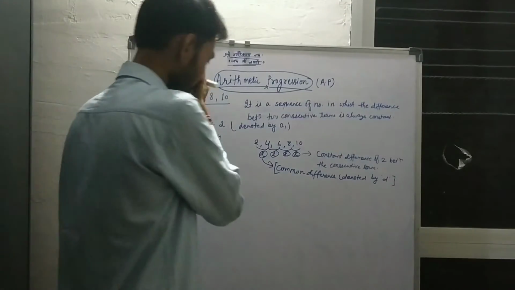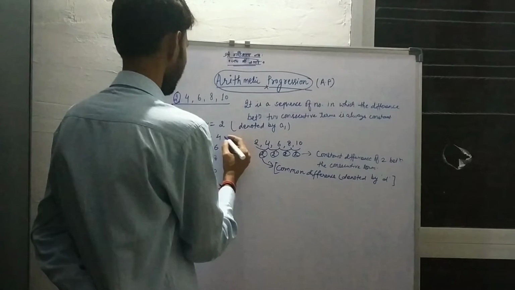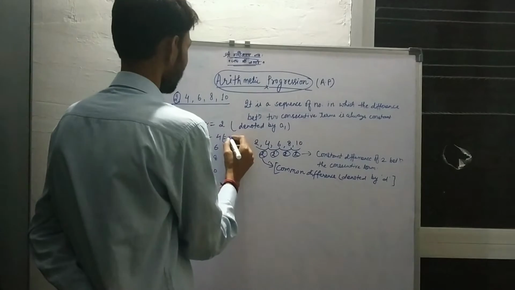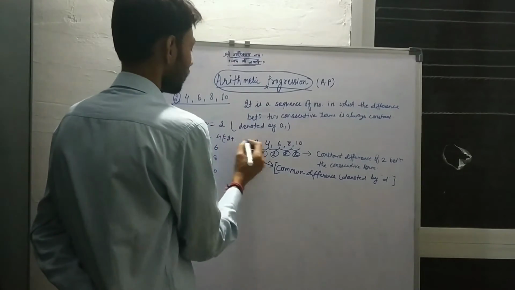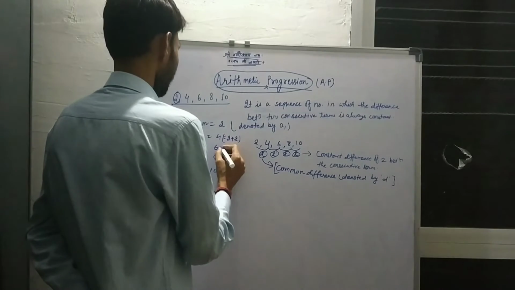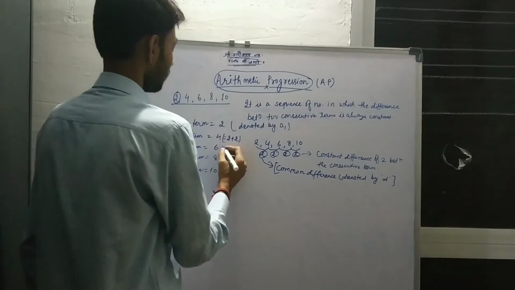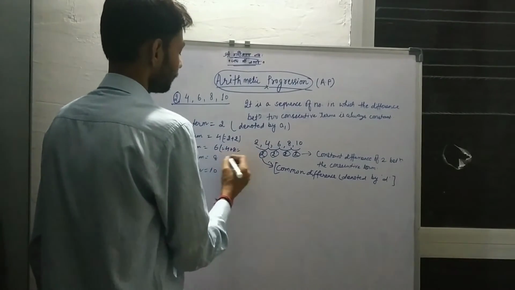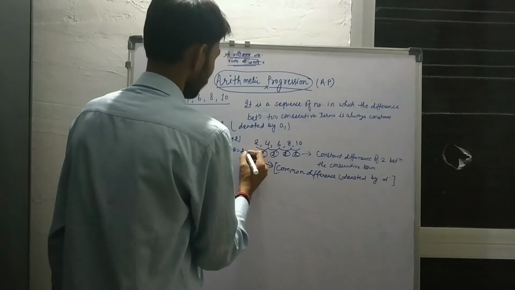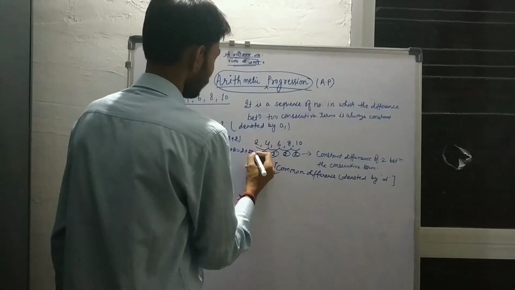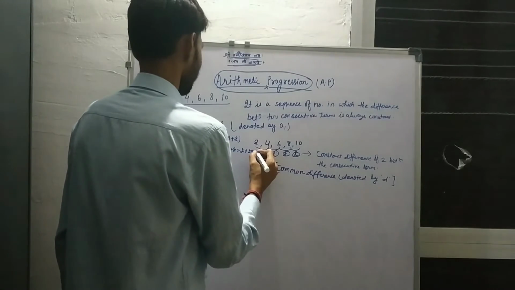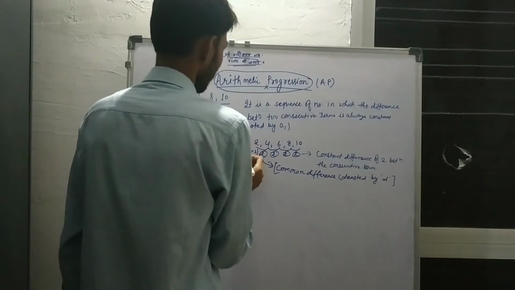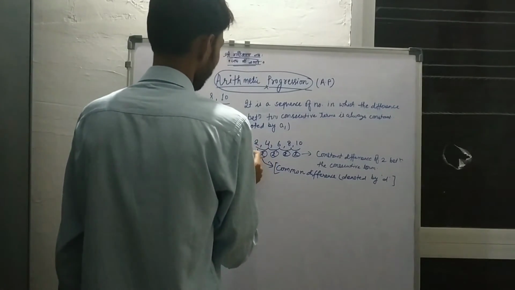If we have to get the second term, we can write it as the first term 2 plus the common difference 2. The third term is 4 plus 2, which is the first term 2 plus 2 into 2, that is 4, and 4 plus 2.